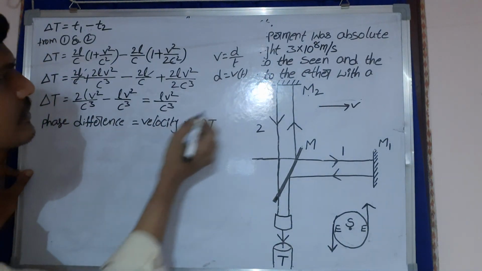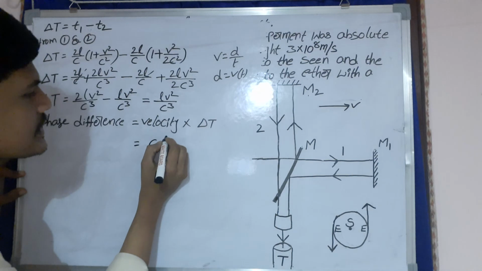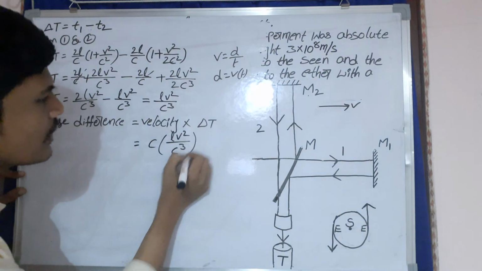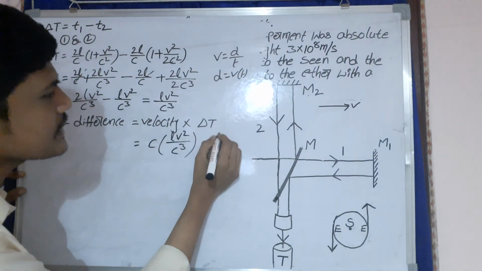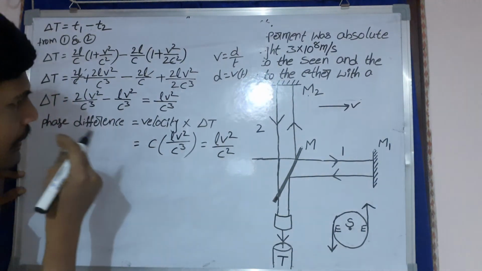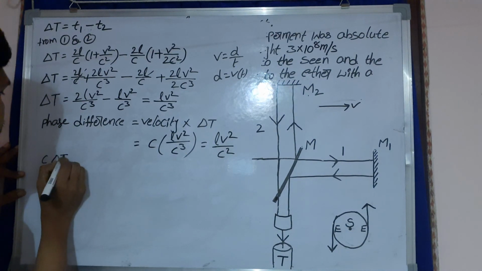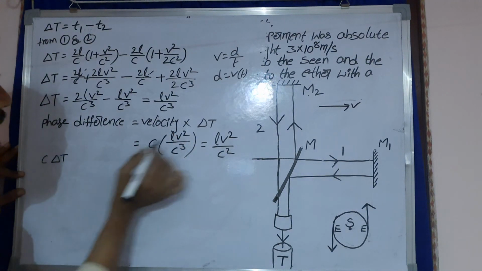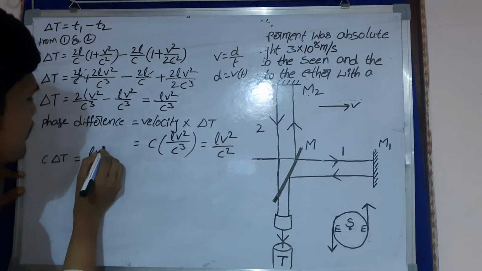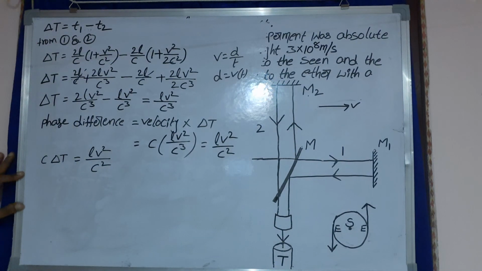So phase difference equal to velocity into time. So velocity means light velocity c into delta t means L v square by c cube. So c cancels, remaining L v square by c square. That means c into delta t equal to L v square by c square.